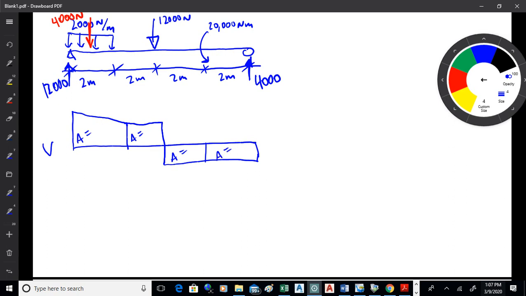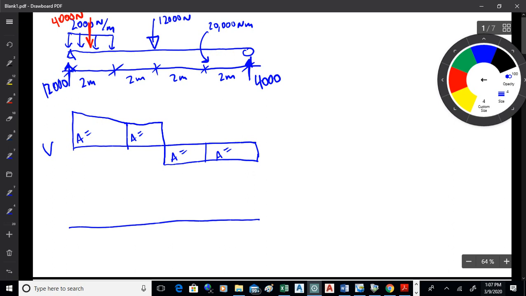Y'all okay with that? And then it's starting to look like something like this. Does it look about right for the moment diagram? Something like that.